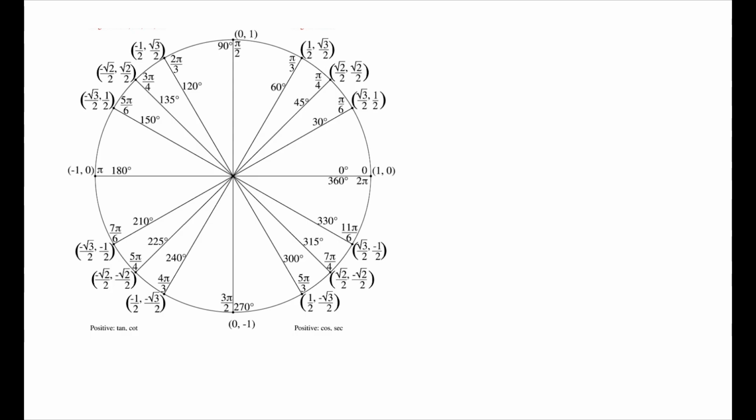Now let's talk about how this can be applied when using trigonometry on the unit circle. So let's say we're given the angle of 600 degrees.